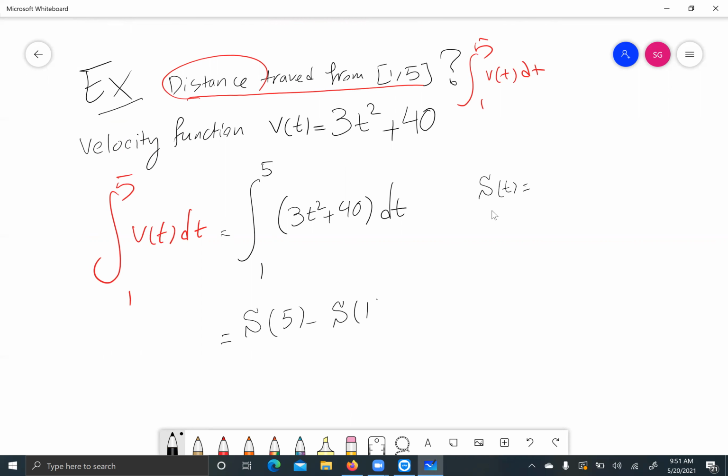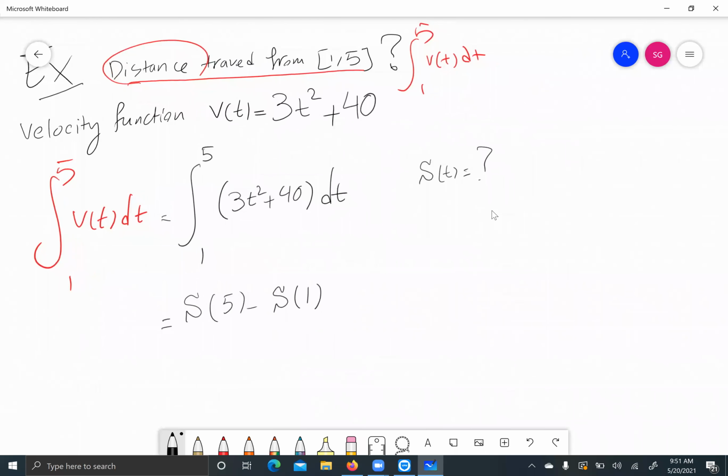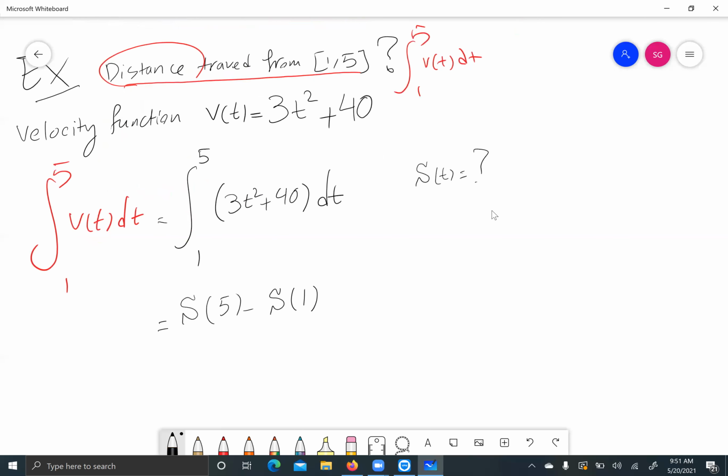The distance traveled from 1 to 5 is going to be s of 5 minus s of 1. So I just need to find the antiderivative. So the question is, what is the function whose derivative is 3t squared plus 4t? What was the original function, such that when we took the derivative, it gives us this?